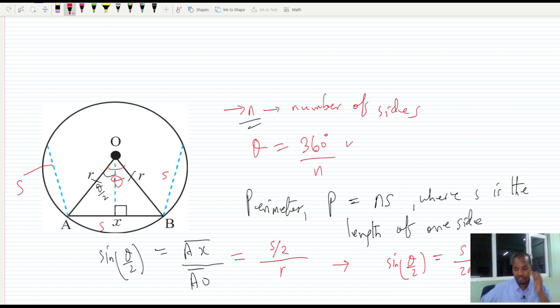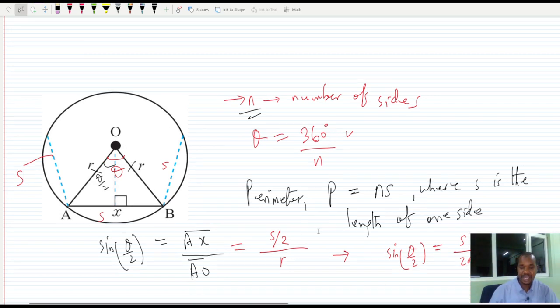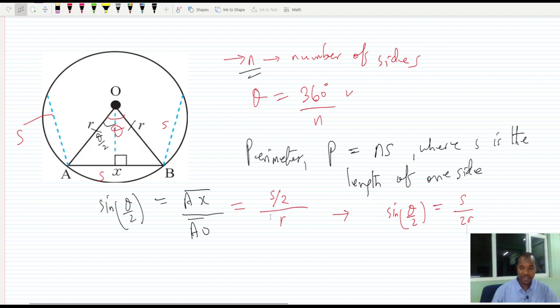And if I want to find the side of this polygon in terms of R and the angle at the center, S equals 2R sine of theta over 2.